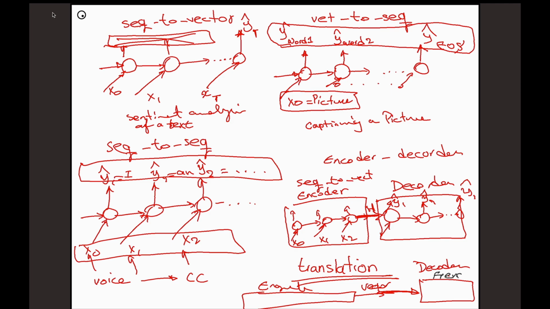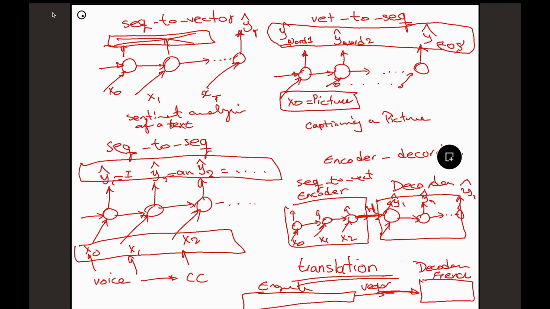It's important that the whole sentence is read here, because context is important, and it's important that the encoding captures the whole representation of that sentence so the decoder can make a good translation.